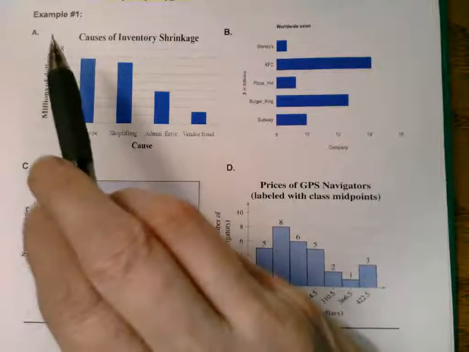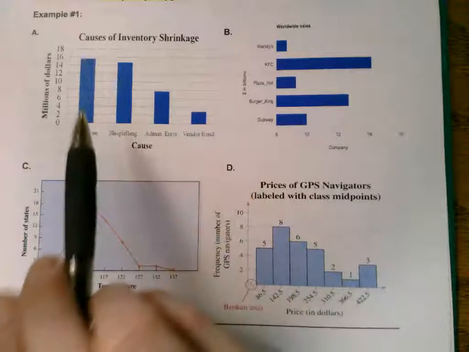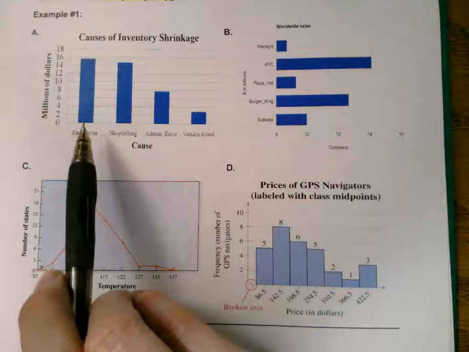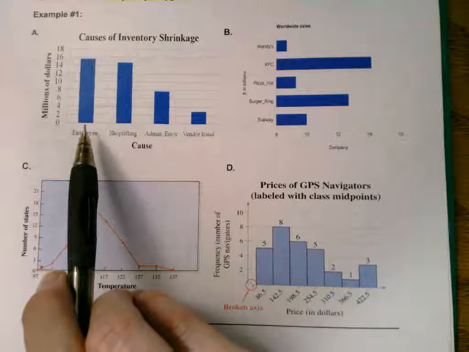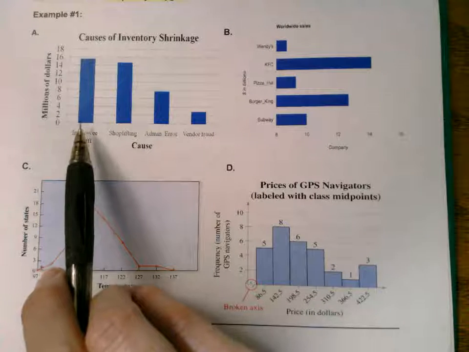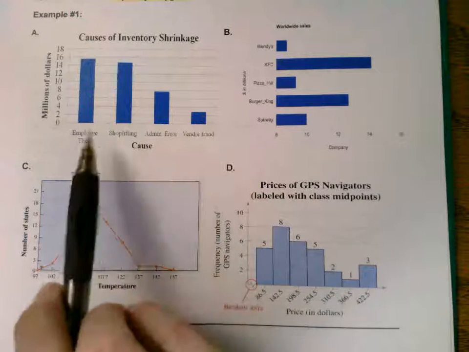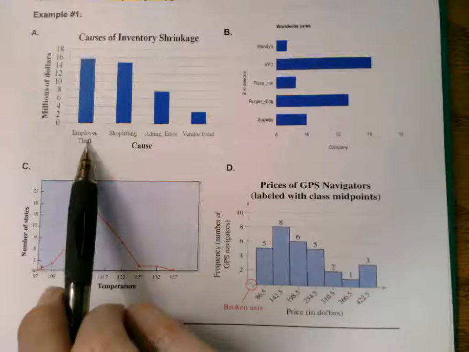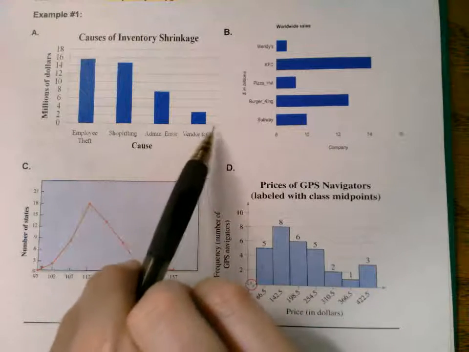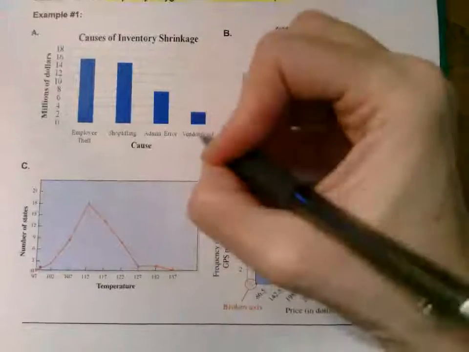Let's take A here. Causes of inventory shrinkage. This is a categorical frequency distribution, and it has vertical bars, and you can see it's categorical because of the categories on the x-axis, the horizontal axis.